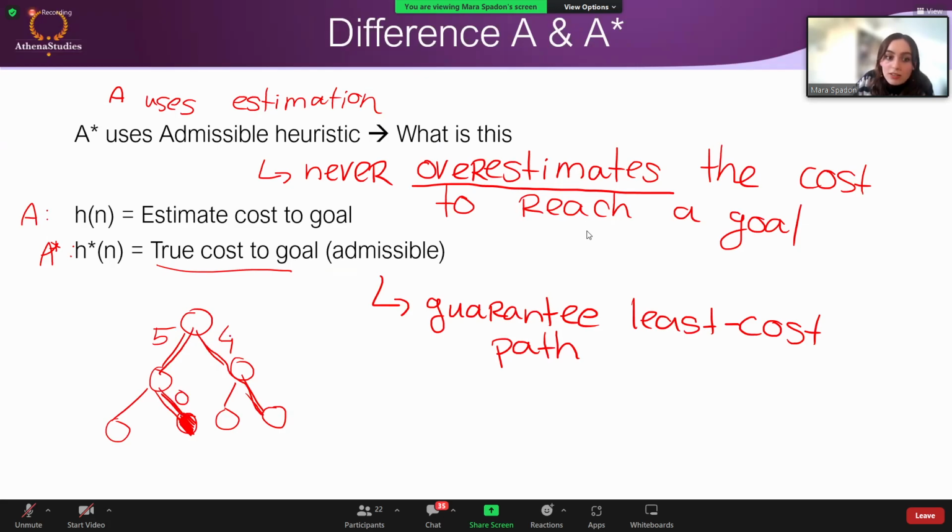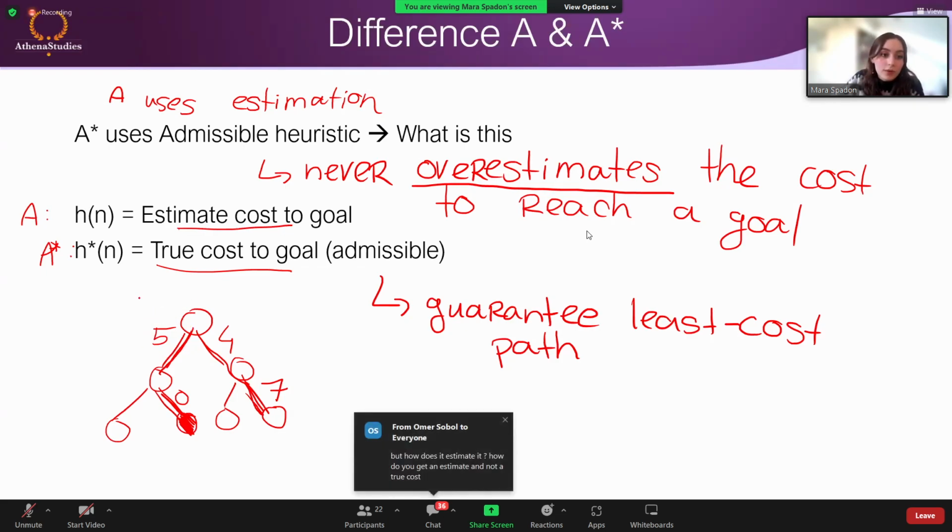But because it had a wrong estimate to the goal, it could have a longer path or not the optimal solution. That's also why that one is not optimal. It could go this way before it then realizes, oh, wait, I'm not going in the right direction. I have to go back and actually take this one, which at first seemed like the higher cost, right? So that is why A could be not optimal and A star could be.